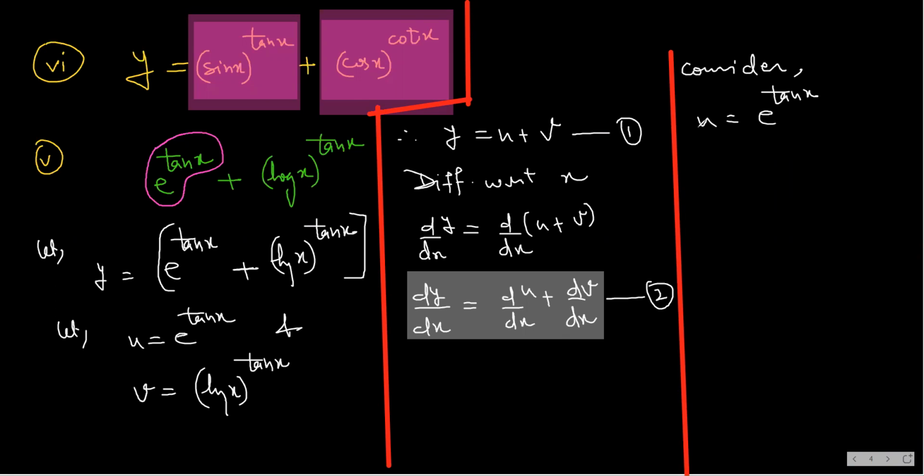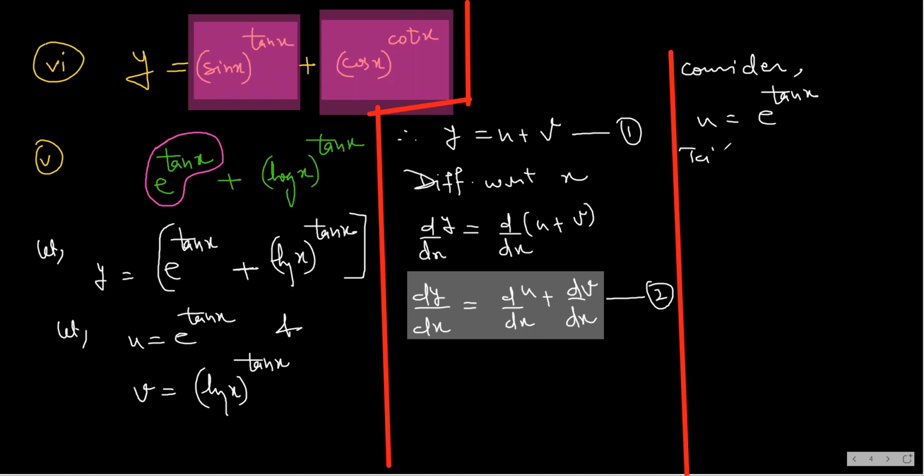But I will also take log and differentiate so that you understand both the ways. Taking log is not mandatory, but you can take log. But here, if you don't take log on both sides, you cannot differentiate. Here you can differentiate either way.